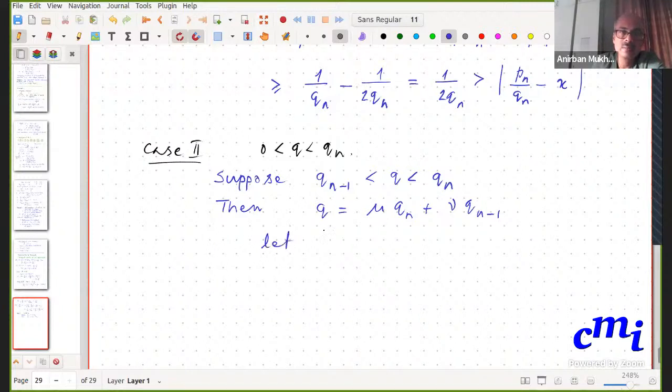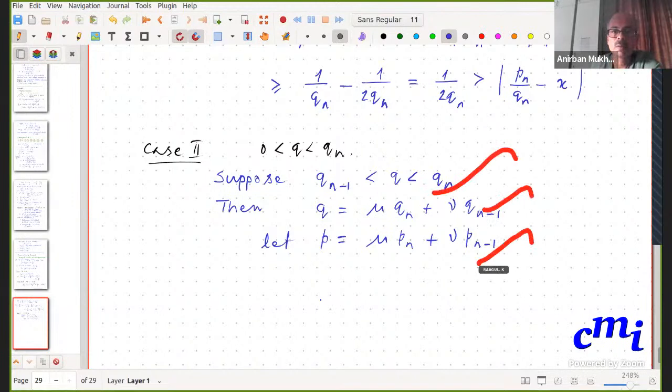And let P be defined in this way. So we get mu and nu from Q, and then use the same thing to define P, as mu Pn plus nu Pn minus 1. Now just consider these as two linear equations in mu and nu.